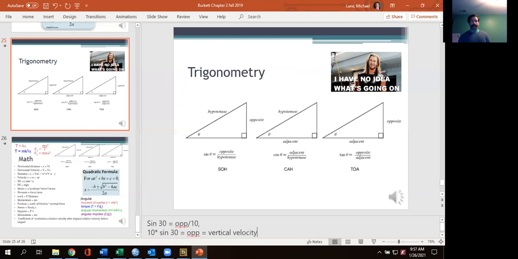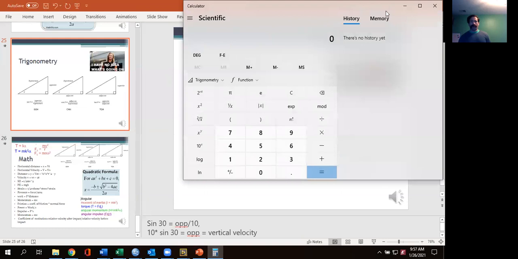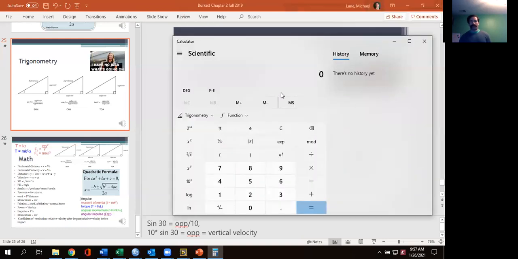So we bring up our handy dandy calculator, which obviously feel free to use your phone and otherwise. But if we go trigonometry, well, let's go ahead and go here. Notice it says we're in degrees because we want that because we're working with degrees.